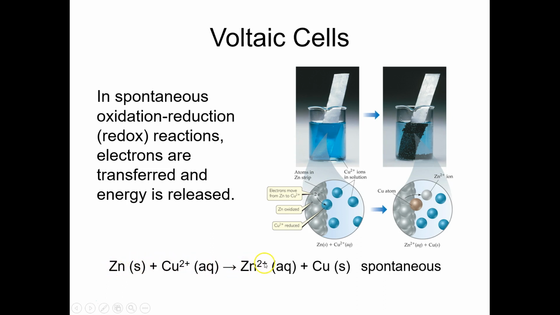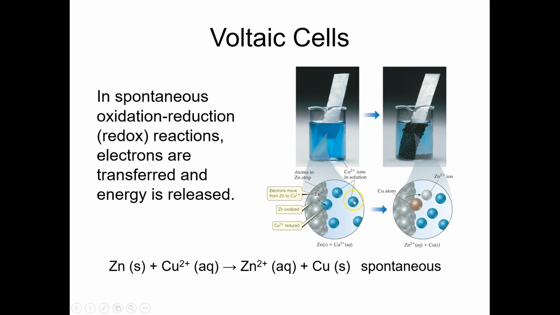Zinc metal gets oxidized to zinc ions. And so what happens on the surface of this piece of metal is that the zinc metal atoms are having 2 electrons removed from them. They're being oxidized to form zinc ions, which go into solution. So that's what's happening over here.